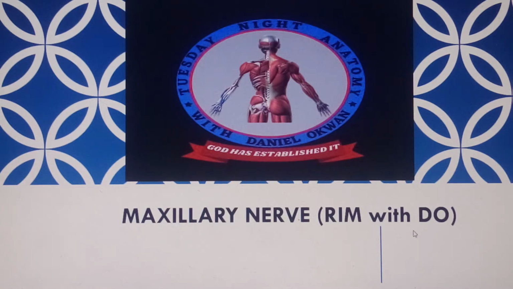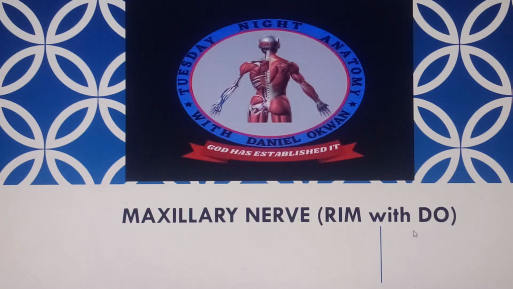Now, the course and what the maxillary nerve is going to supply is pretty simple. All that we need to know is what happens to this nerve as it's in the cranial cavity, just before it leaves the cranial cavity. Then of course you have to know what happens in the infratemporal fossa. Then we have to also know that this nerve, the name is maxillary nerve, so it will be running above or going through the roof of the maxilla.